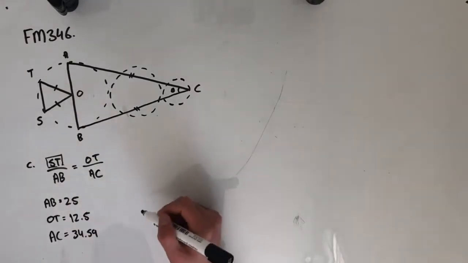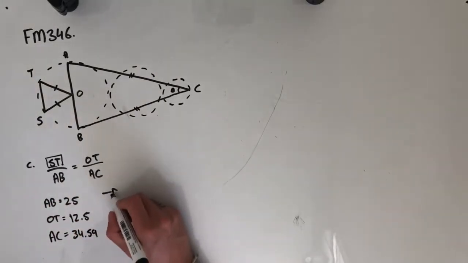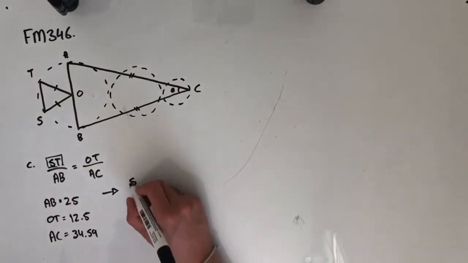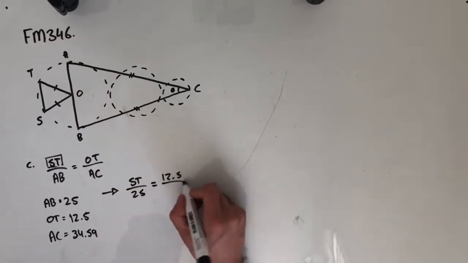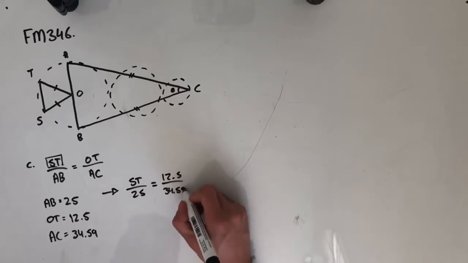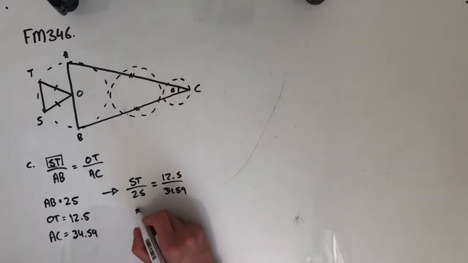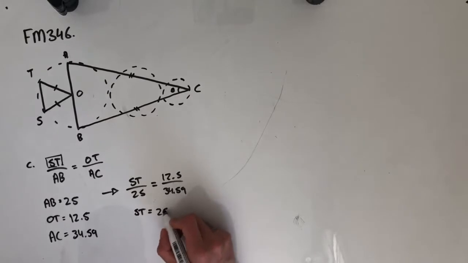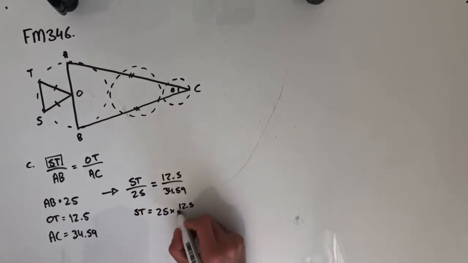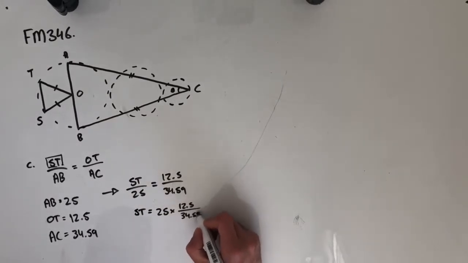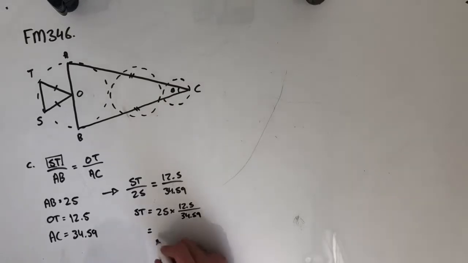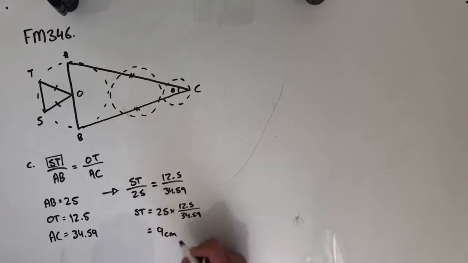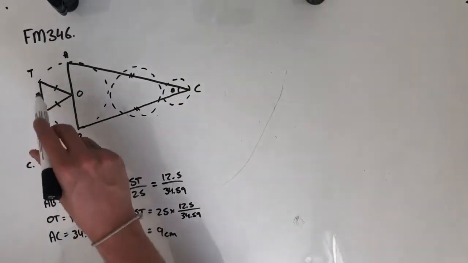So I have these values here, which means I can now plug them into my original formula. I should get ST over 25 is equal to 12.5 over 34.59. Rearranging for ST, I should get 25 times 12.5 over 34.59, which, plugging that all into a calculator and rounding to the nearest whole centimeter, should give you an answer of 9 centimeters for ST here.